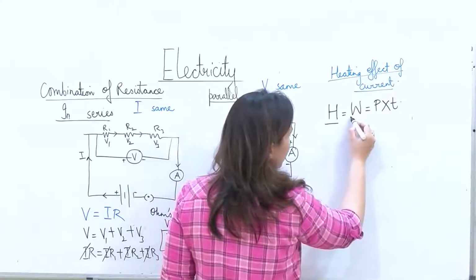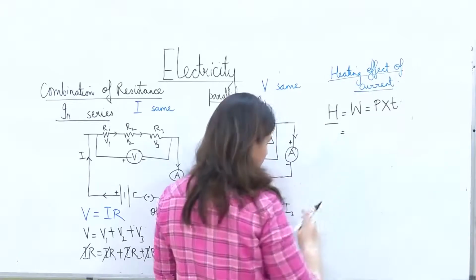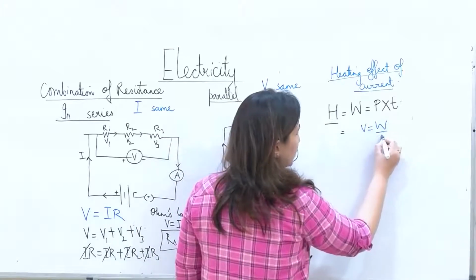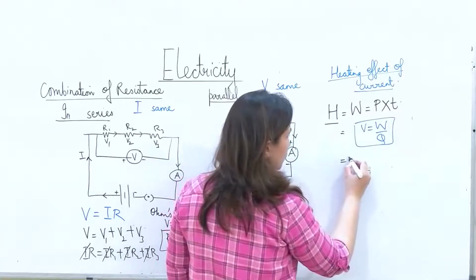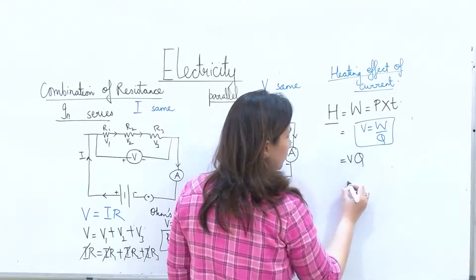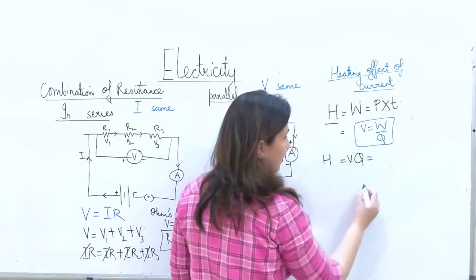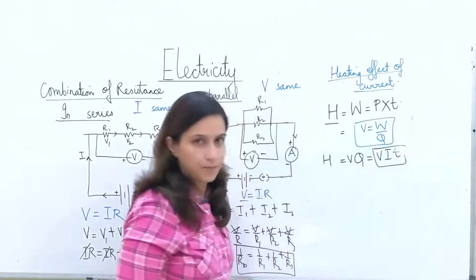What is the formula for work done? As we did initially, if you remember, we have this formula V equals W upon Q, and I'm putting it here: W equals V into Q, and Q equals IT. I told you in the beginning only, so this formula is VIT.